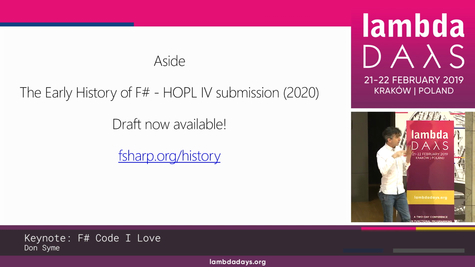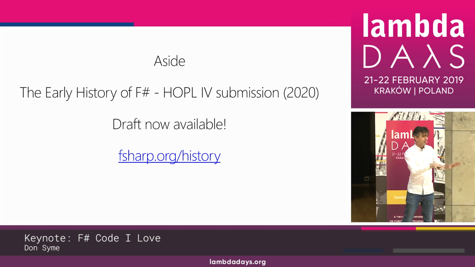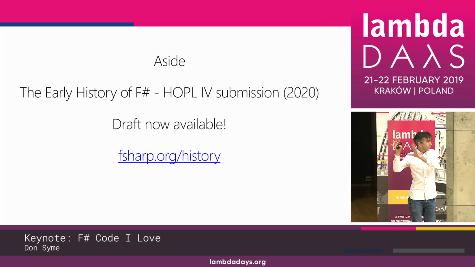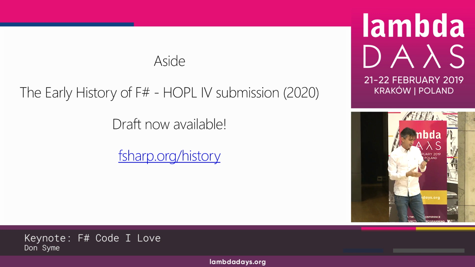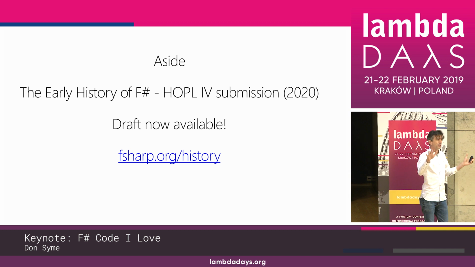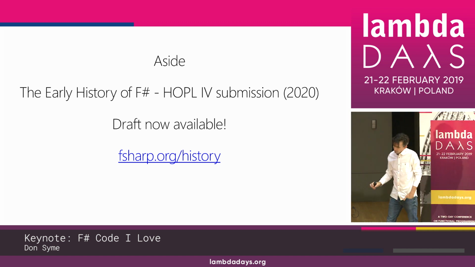And my own story begins about then. You look back in history, and that's where you start telling the story of where F-sharp as a language came from, the ML family of programming languages. Of course, there's a long history before that, and there are many other threads of history in between as well that led to the creation of F-sharp.